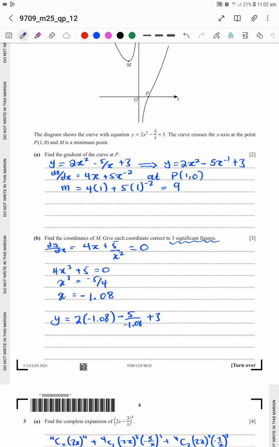Then we have plus 3, and the first term is 2x squared, so I'll square the x value. My answer is y equal to 9.962 and so on.